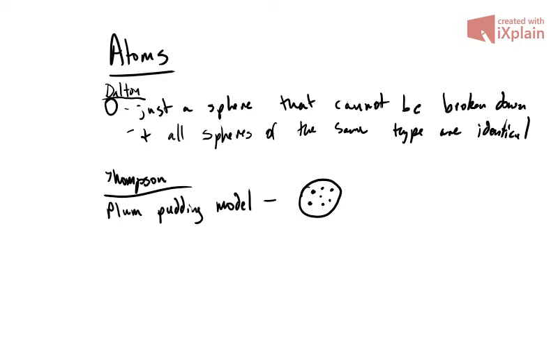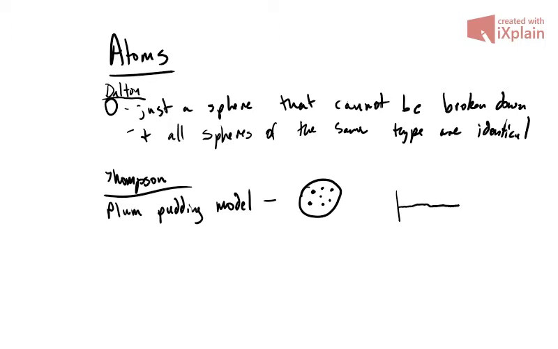So the electrons are just placed inside, and then all the blue area here in between these dots is the positive charge of the atom. He did this through a cathode ray.